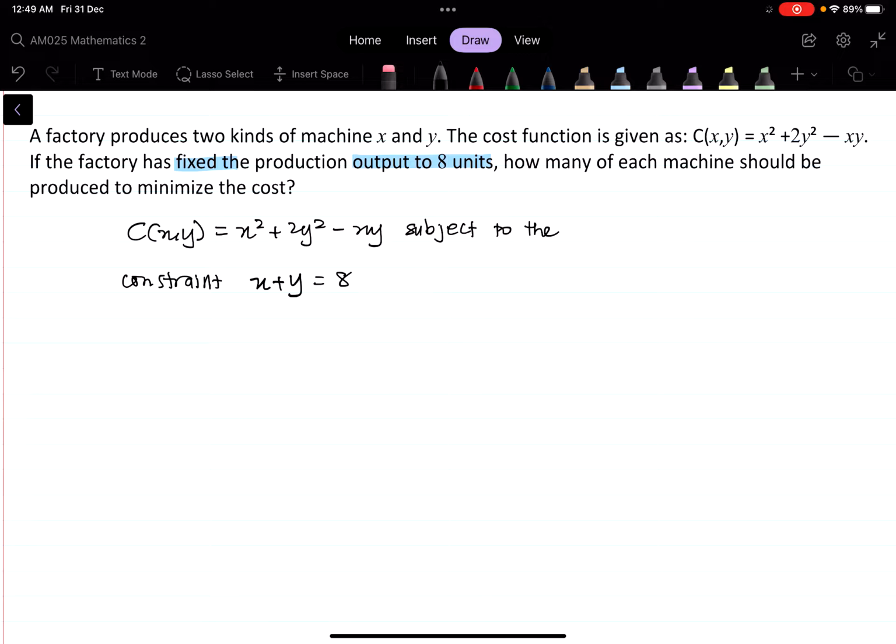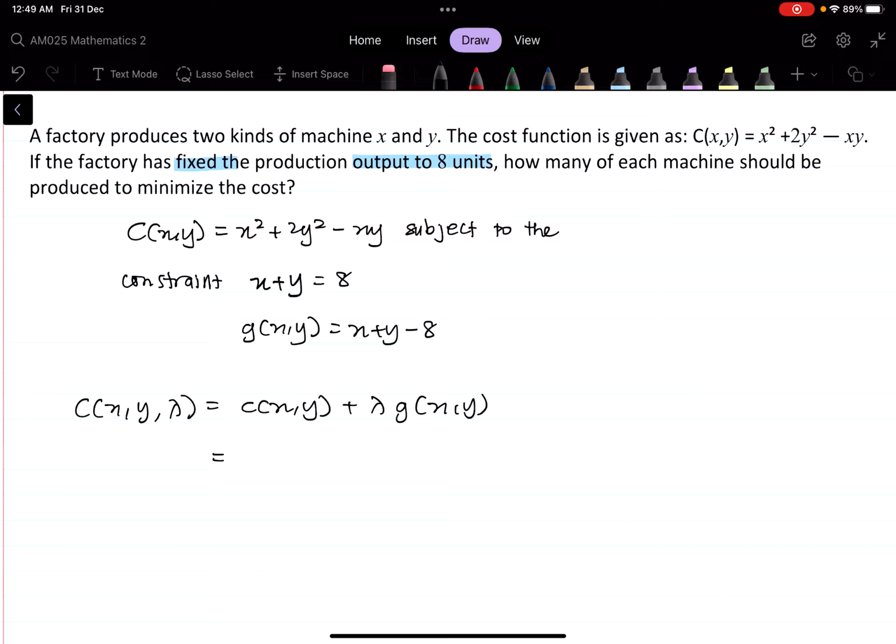Which means we're going to use the Lagrange multiplier method to solve the problem. So you may write down the constraint as g(x,y) equals x plus y minus 8. Let's form a new function C(x,y,lambda) equals C(x,y) plus lambda g(x,y).